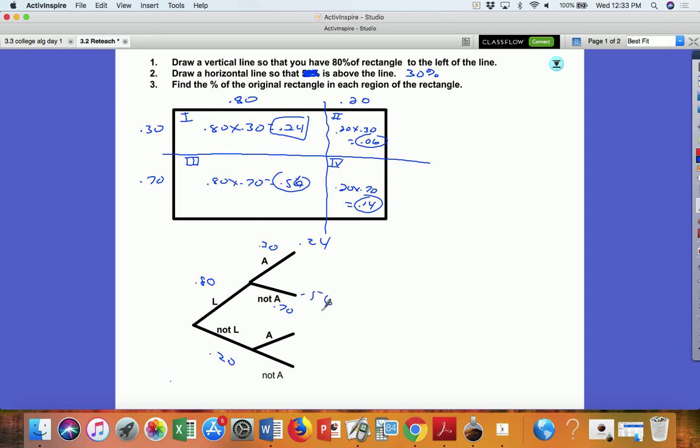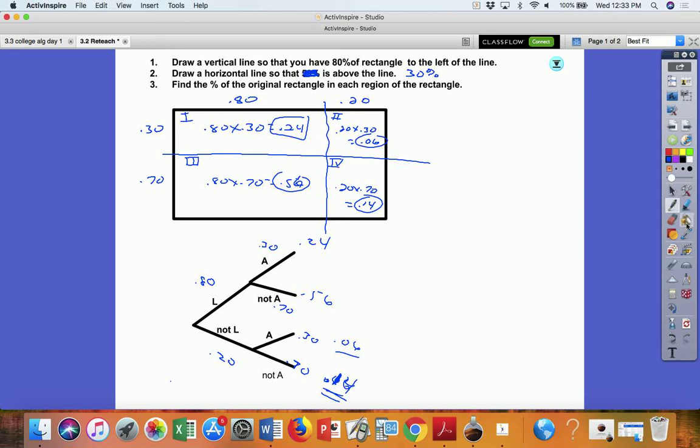So it's the same thing, I'm just representing it a little differently. Well, that's 6 here, and this is 14. Okay? Any questions on that?